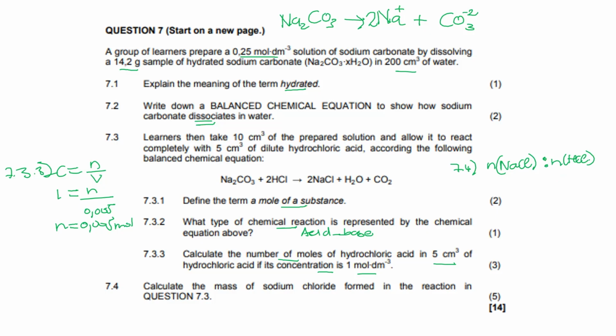But if you look in the balanced equation, at the sodium chloride formed here, that's 2 and 2, which is essentially 1 and 1. So they have to be the same. So 0,005 and 0,005. So the number of moles of sodium chloride is 0,005.